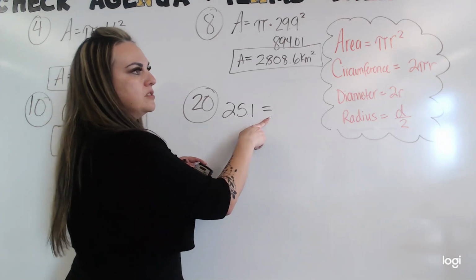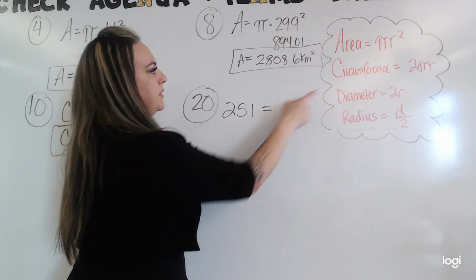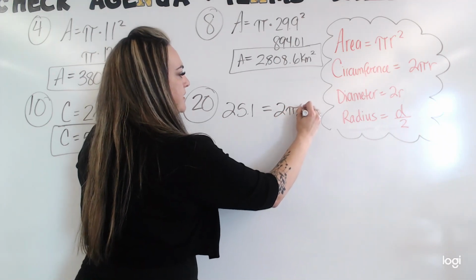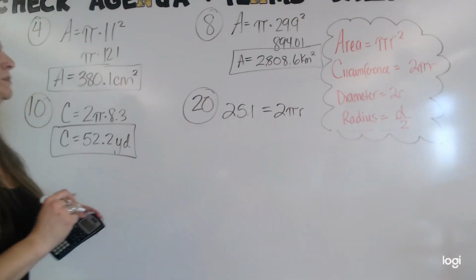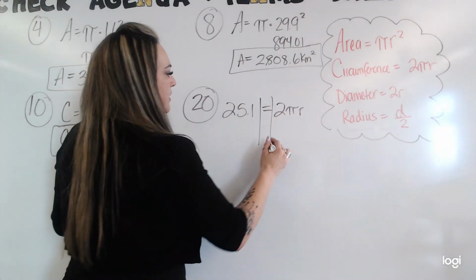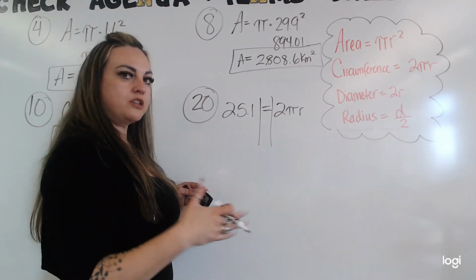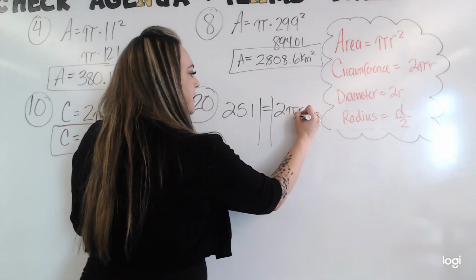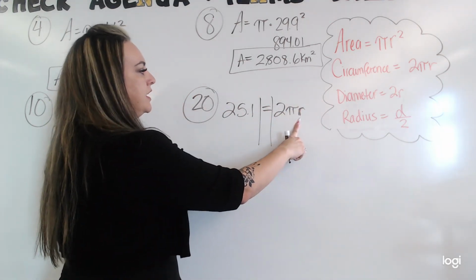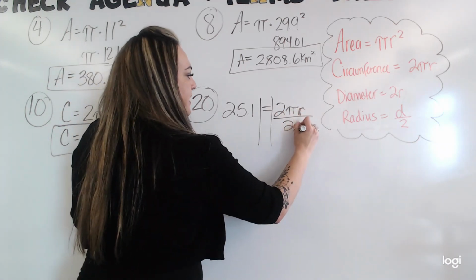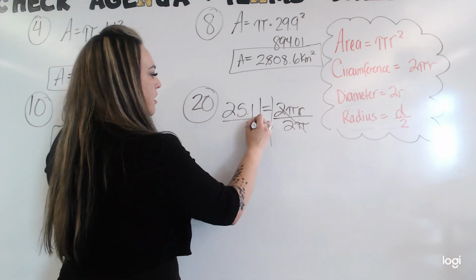C equals 2 times pi times r. Now this one, we're going to use our solving algebraic equations skills, okay? We want to get r by itself. Well, 2 pi is being multiplied by it, so we can divide it out on both sides.